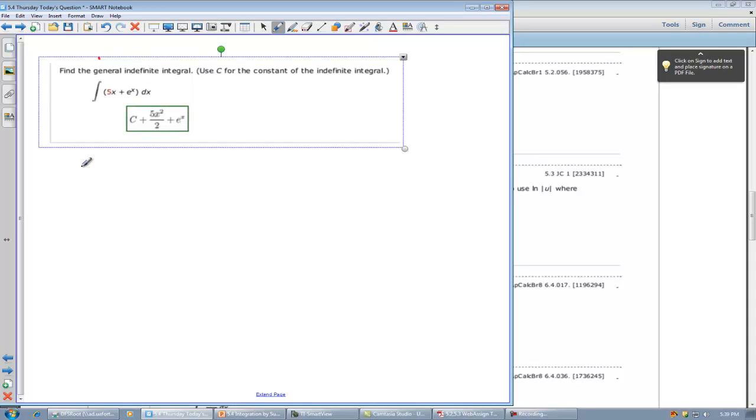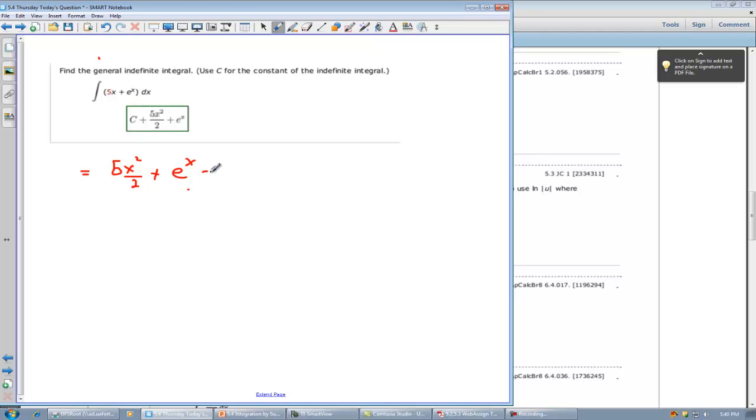It actually falls out pretty straightforward. This is an integral of 5x plus e to the x times dx. And so what I have is 5x squared over 2 plus, and the integral of e to the x is just e to the x. So e to the x, and then plus a c.